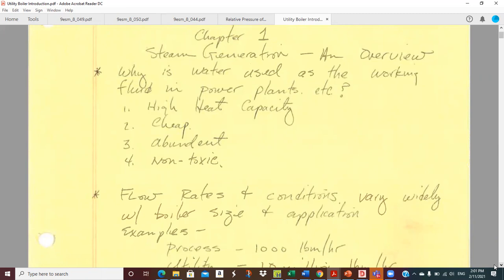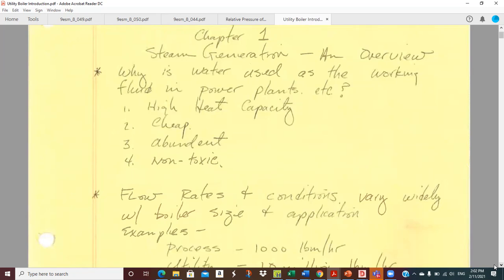I don't know if you ever really thought about it, but water is known affectionately as God's gift to heat transfer, because it's just such a wonderful working fluid for us. And these are at least 4 reasons. You can probably come up with some more. But the first is high heat capacity.